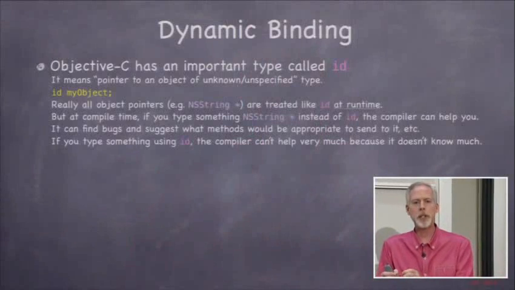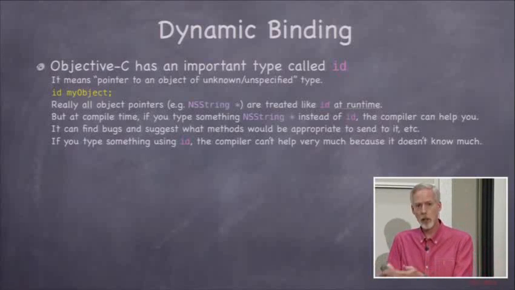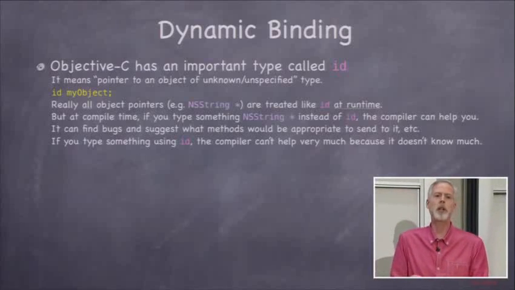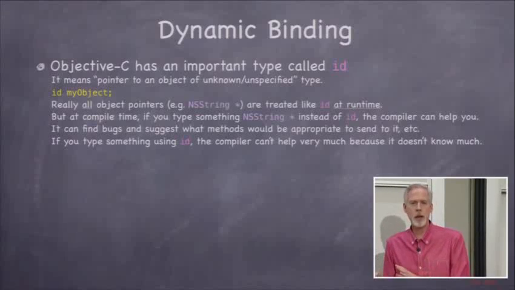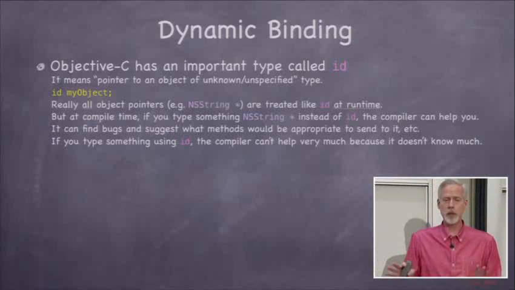When you send a message, it's essentially calling a function that's looking up the right code to execute for that particular class that you're pointing to at the time you send the message. That's called dynamic or late binding. And all message sends in Objective-C are done this way.